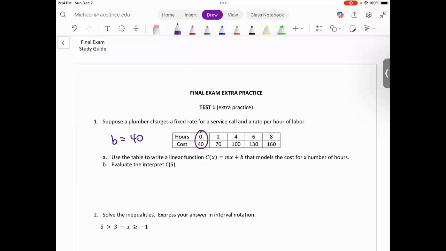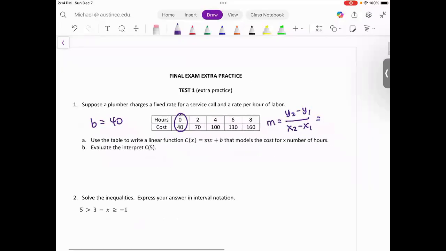Then our slope. We remember our slope formula is y2 minus y1 over x2 minus x1. And let's use this next point here, 2 hours, cost of 70. So our y2 would be 70, y1 is 40, x2 is 2, x1 is 0.